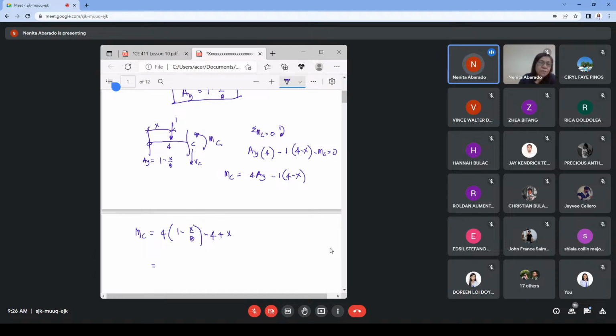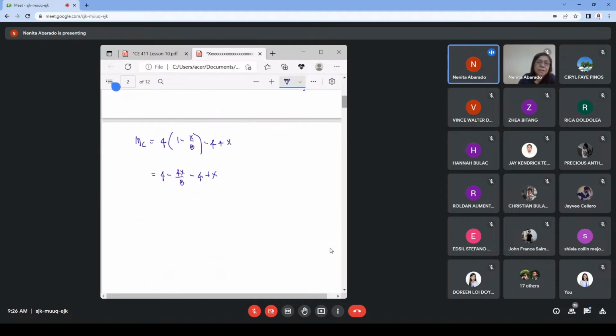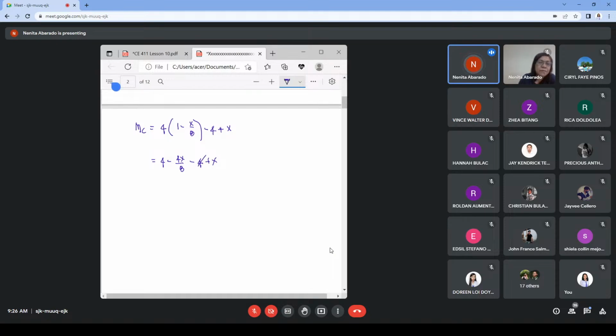So, is equal to 4 minus 4x over 8 minus 4 plus x. Cancel natin si 4, diba? Is equal to x minus 4x over 8, or x minus x over 2.